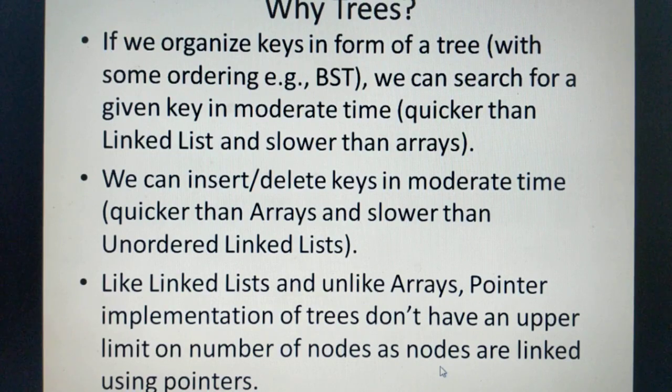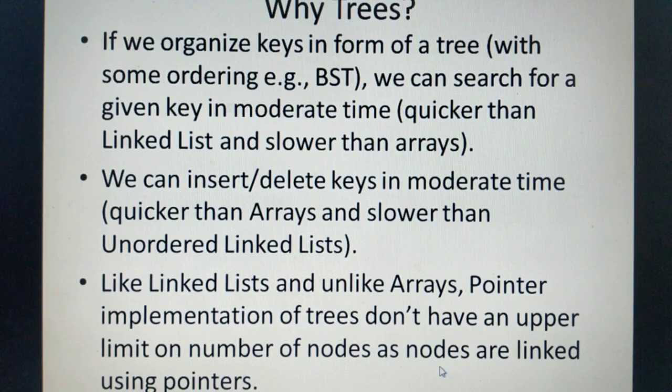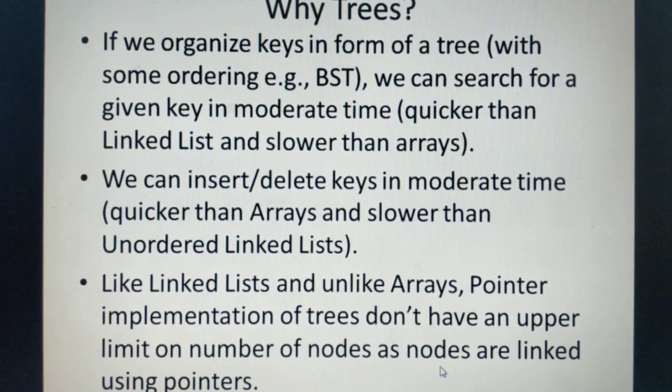What this point states is, we have all studied linked lists in the previous lectures, correct? We have seen that we are using pointers to point to the next node. So what is said is that pointer implementation of trees doesn't have any upper limit on the number of nodes.